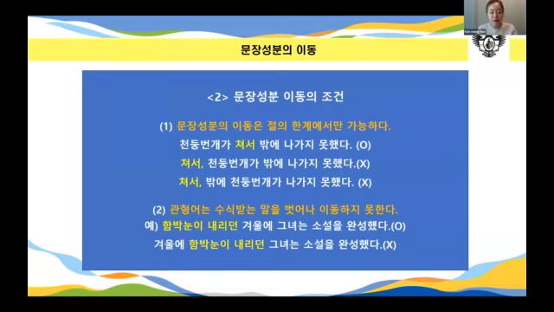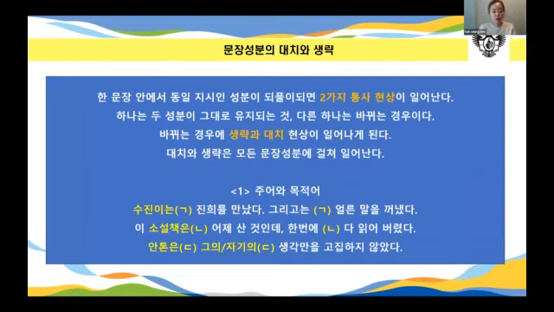But the next sentence, 겨울에 한밤눈이 내리던 그녀는 소설을 완성했다, is wrong, because the adnominal clause 한밤눈이 내리던 is one clause that modifies 겨울에. So it cannot move to another position. Understand? Let's move on to the next page.